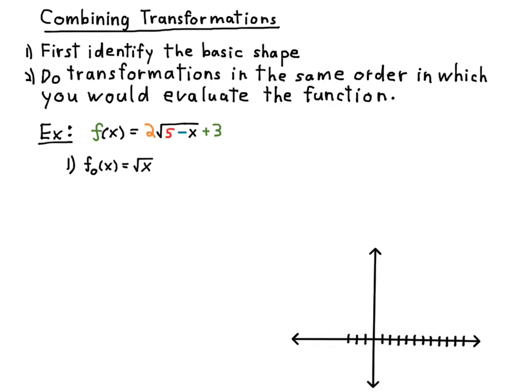And I'm going to draw it for you here so you can see every step of the way. So I drew y equals square root of x, and I labeled it f sub 0. Okay, and that looks like the upper half of a sideways parabola with the vertex at the origin, right?